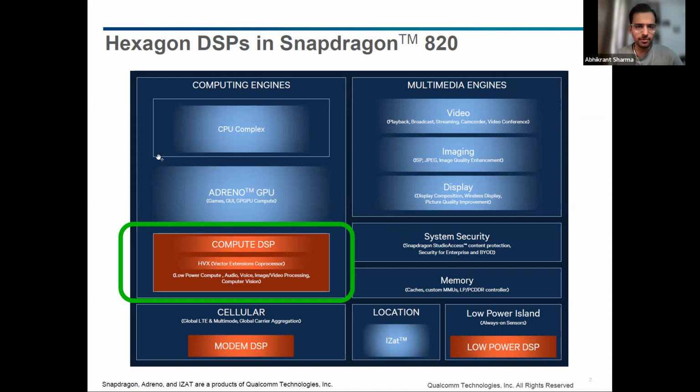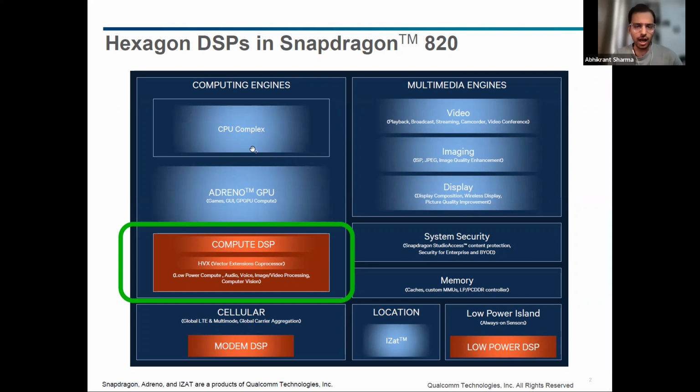The first one, or the master processor of the hardware, is the CPU complex block. This complex block is based on the ARM architecture, and it is mainly used for doing the master control. It is the one on which Android, a high-level operating system, runs, and it tries to pass on the information to the remaining processors present on the hardware. So this is the master processor.